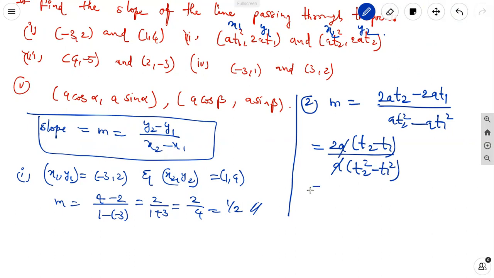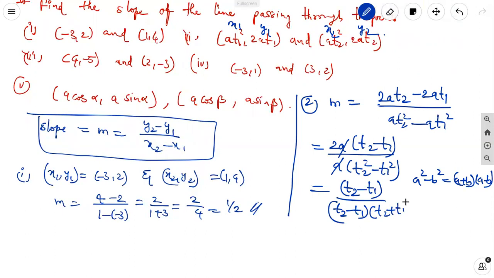A cancels, and we know the formula a square minus b square equals a plus b into a minus b. Applying in the denominator, numerator is as it is, t2 minus t1. The denominator is t2 minus t1 into t2 plus t1. Here 2 is there. t2 minus t1, t2 minus t1 get cancelled. It is equal to 2 by t2 plus t1. That is the slope. So m is equal to 2 by t1 plus t2.